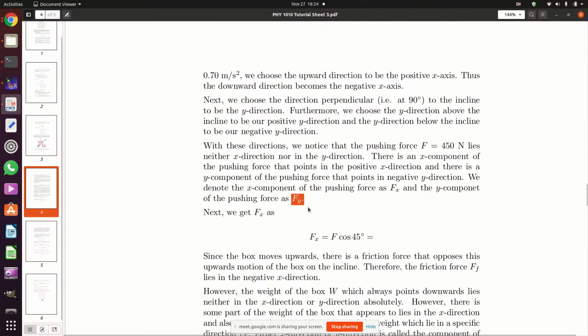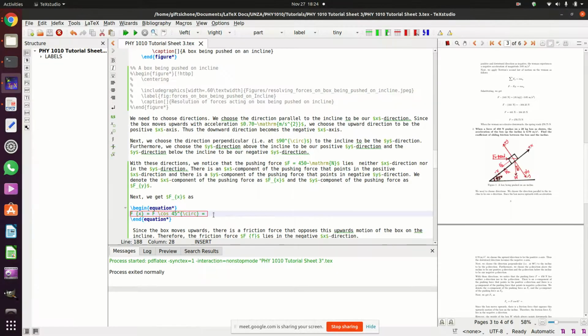So the x component of this force, the pushing force, is going to be F cos 45 degrees. Is it clear to everyone why it's F cos 45 degrees?